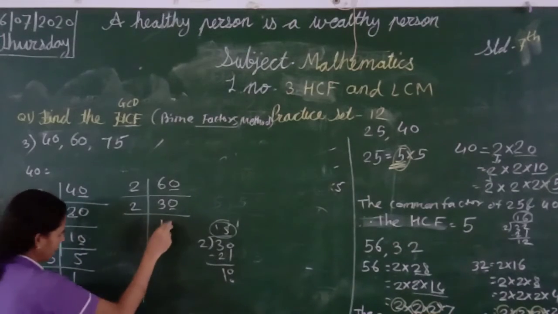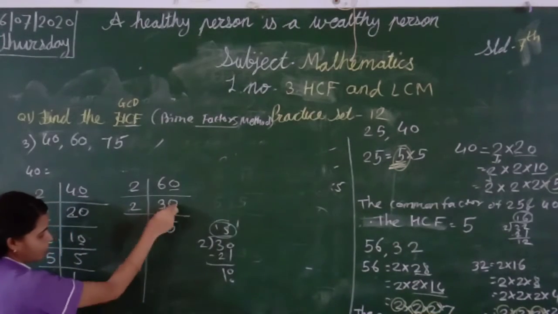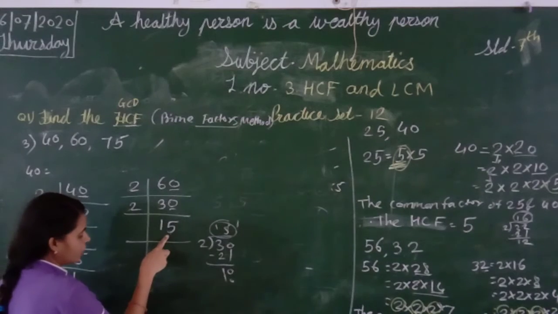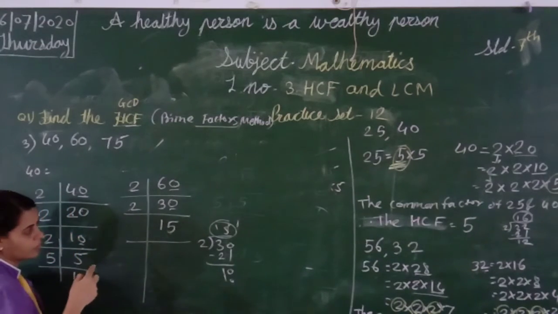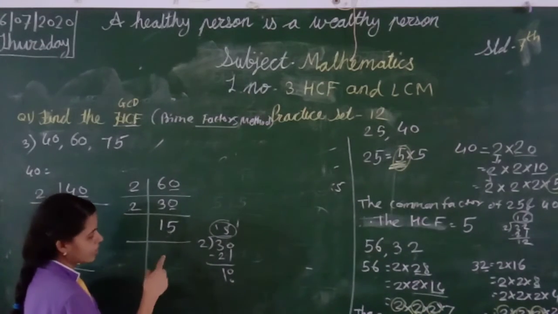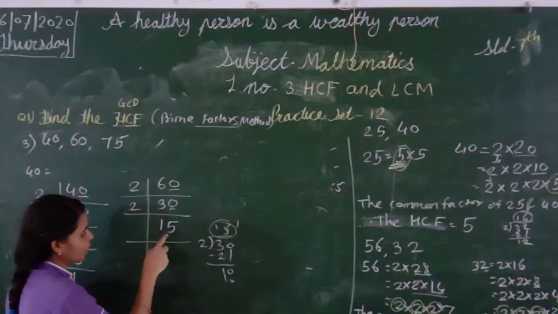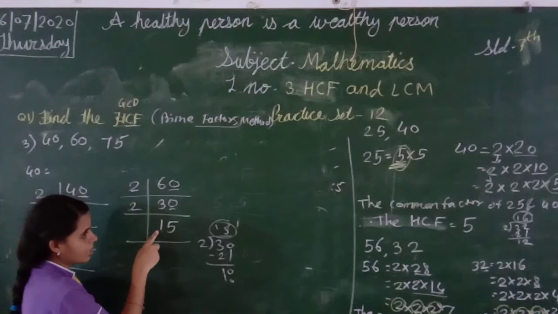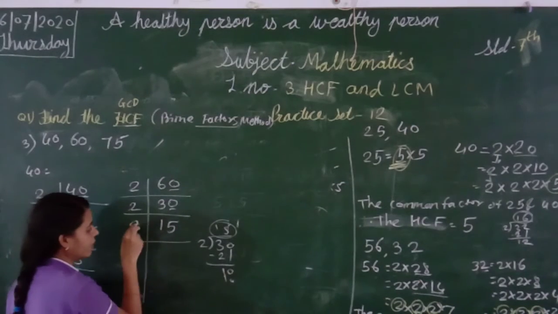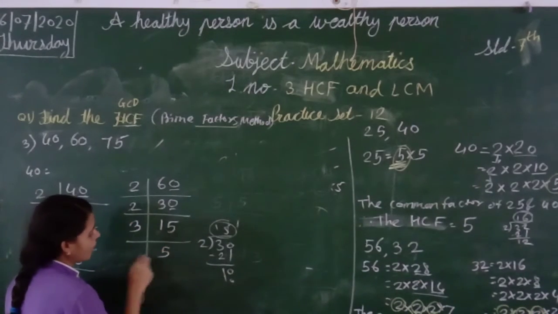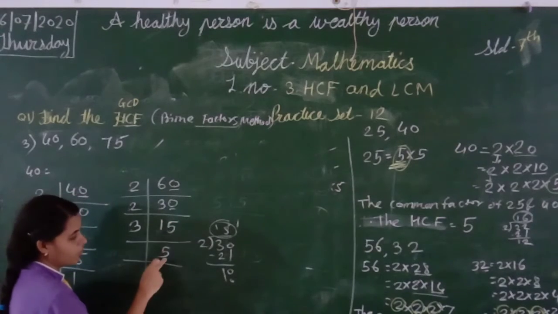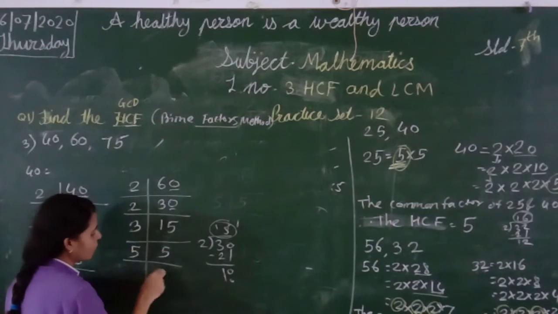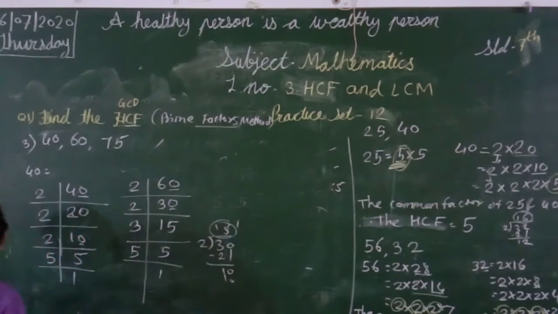Okay students, so take 15, 2 15s are 30. Now the unit place is 0, 2, 4, 6, 8. No, so we will divide it by 3. Check first: 5 plus 1 is 6, and 6 is in the table of 3. So we will divide it by 3. 3 5s are 15. So 5 1s are 5. I hope students you understood.